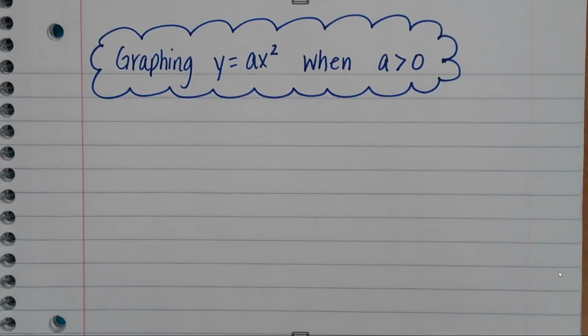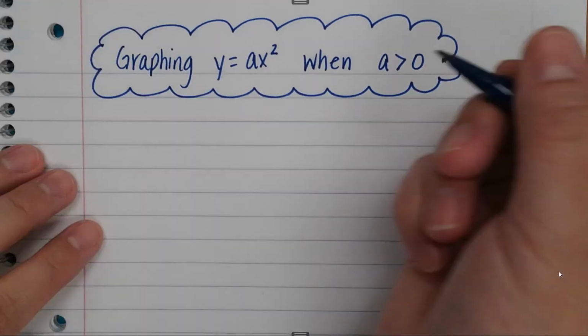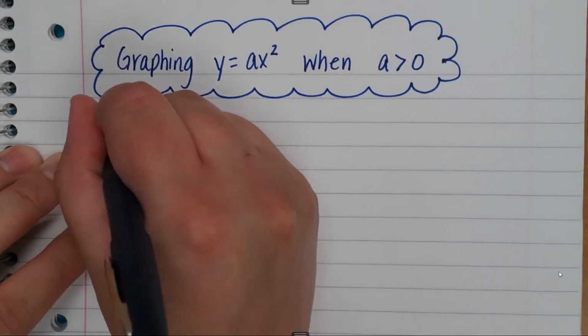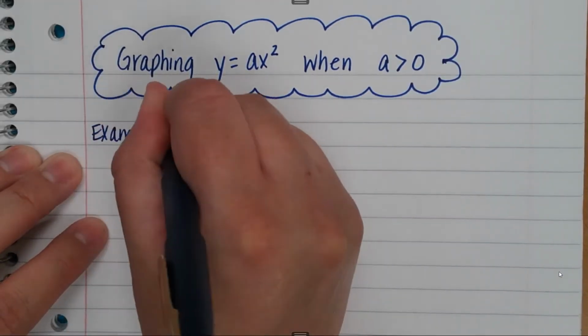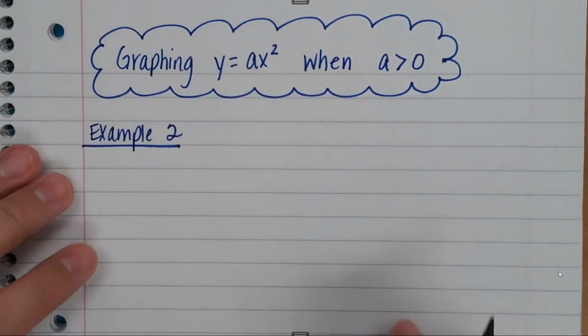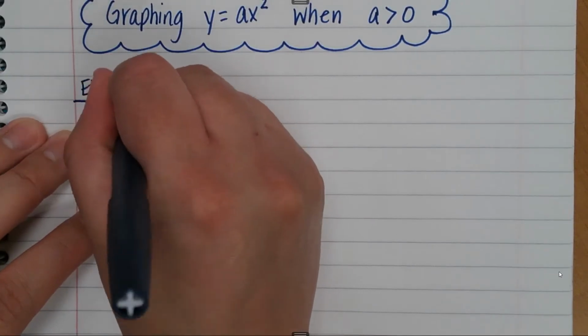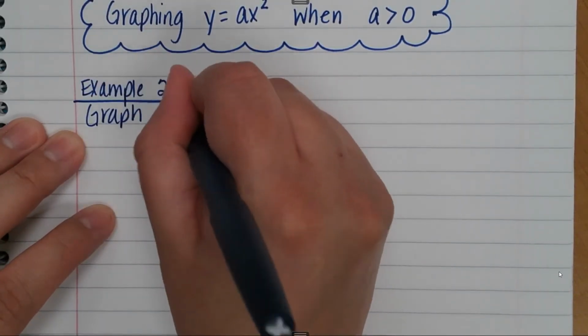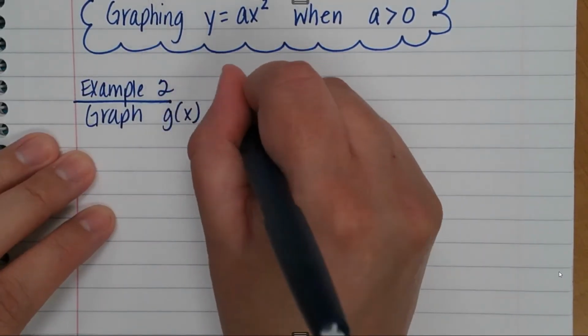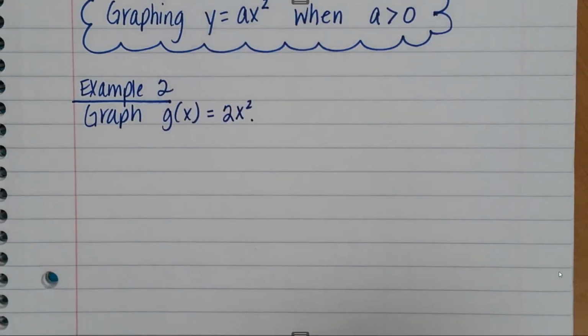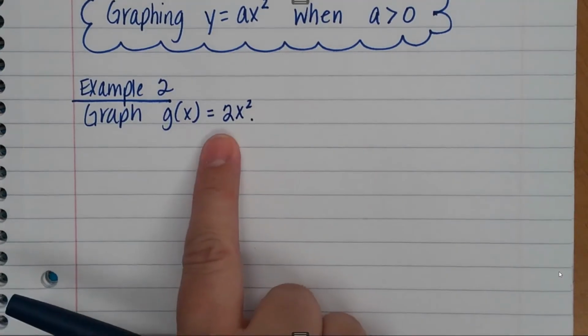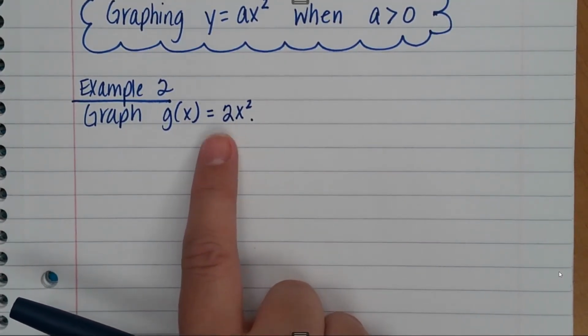Okay, so let's say, for example, I'm going to call this example 2. The directions say graph g of x equals 2x squared. Okay, so from what we just wrote, we can see that a is positive and it's bigger than 1.